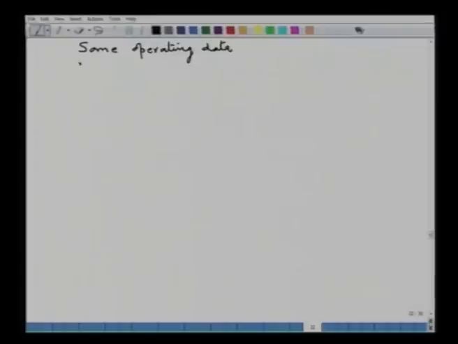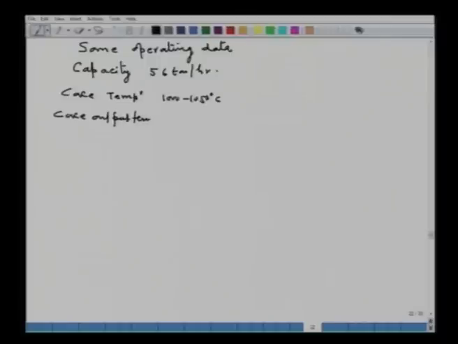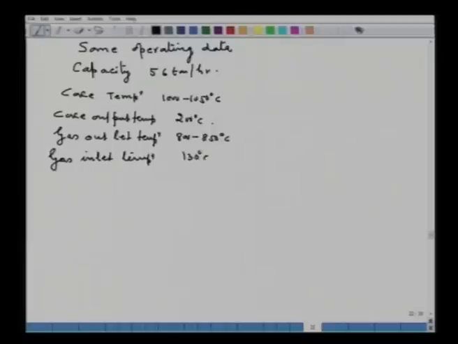For example, in some location the capacity is 56 ton per hour, coke temperature 1000 to 1050 degrees Celsius, coke output temperature 200 degrees Celsius, gas outlet temperature, that is the heated temperature, is 800 to 850 degrees Celsius, whereas gas inlet temperature is 130 degrees Celsius. Steam generation is 25 ton per hour.